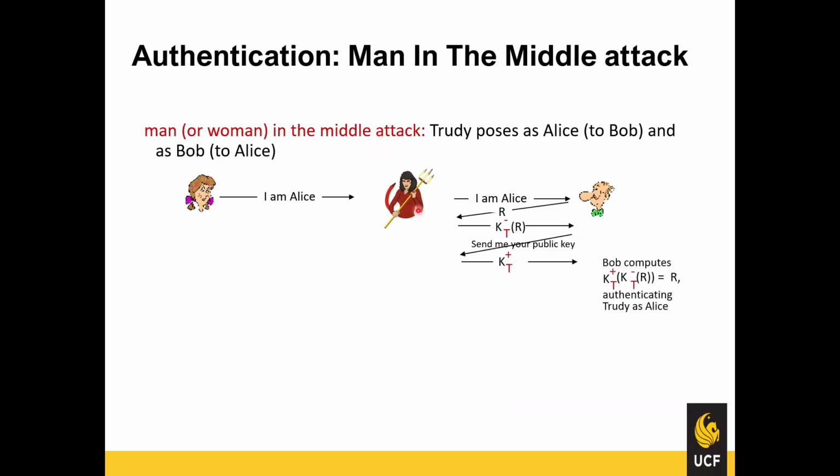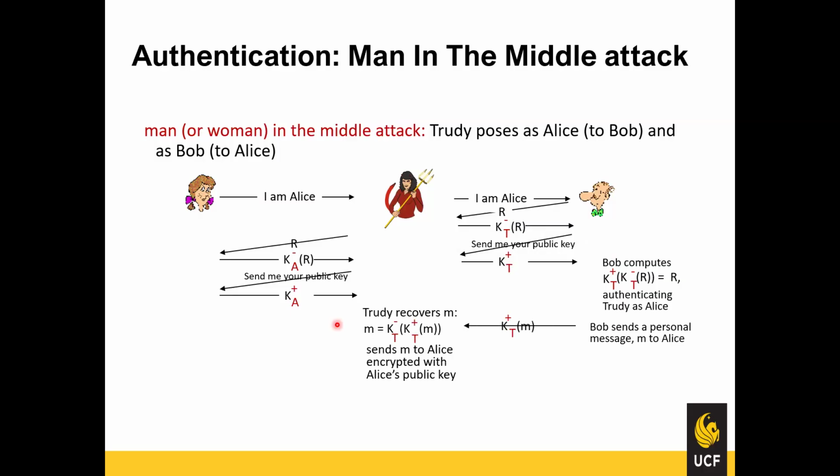She would act like she is Alice with Bob, and she would act as if she was Bob with Alice, right? She would supply her public key to Bob, and Bob would think that is Alice. She would do the same thing with Alice. She will take the given credentials so she can open the messages. That could be the password that is being entered.